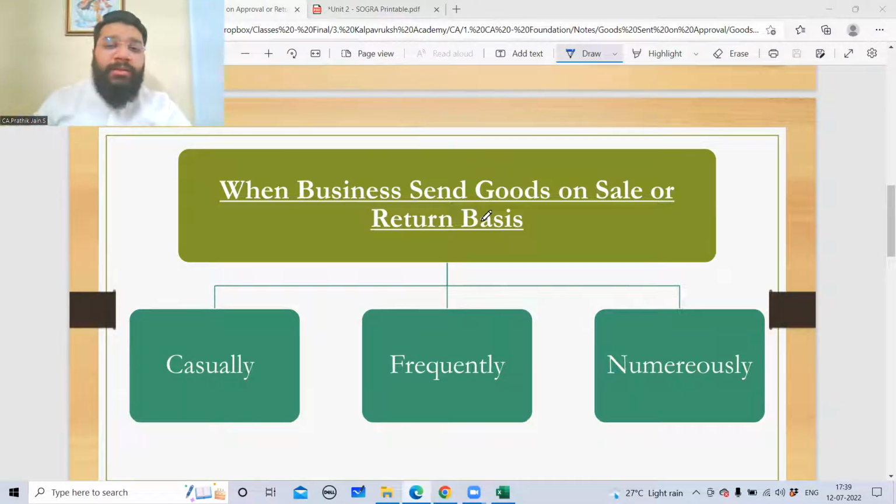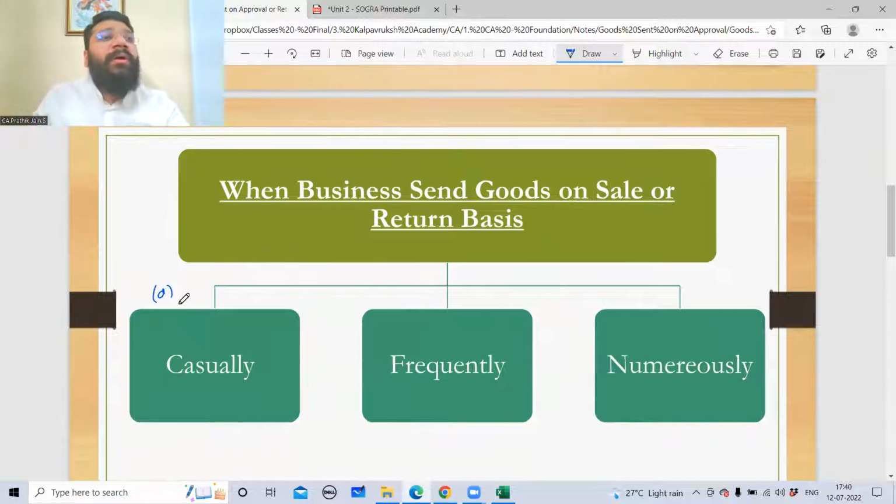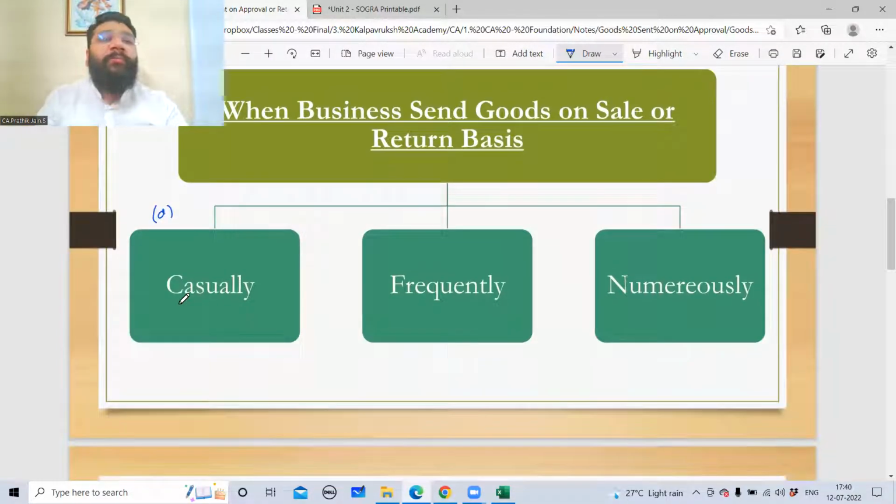Under this particular chapter, guys, we said that you will come across 3 different cases, and accordingly, the accounting entries and the preparation of the accounting statements will also vary. The first case is a business which has very limited transactions pertaining to goods sent on approval or return basis.